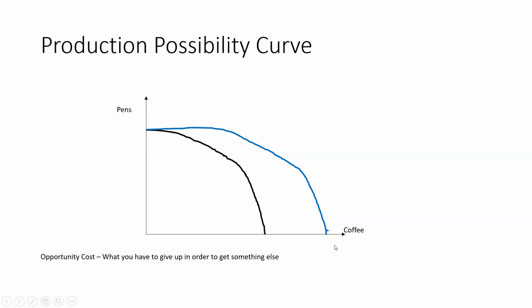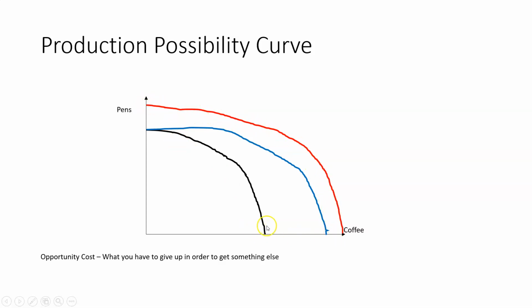All right. Now, what would happen if we had more resources? Well, we'd look at this. If we started back at the black curve, and now we found more land, labor, capital, we'd be able to produce more of both goods.